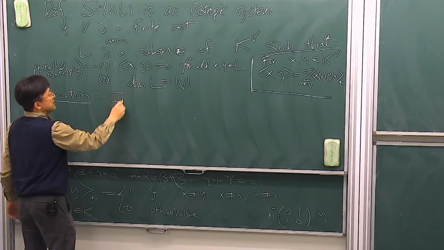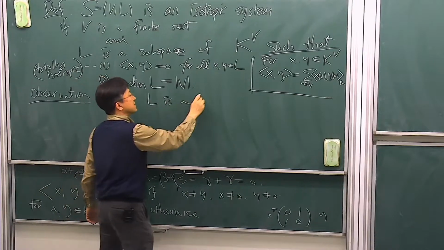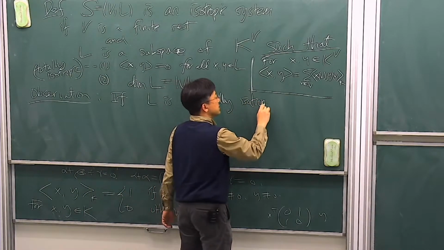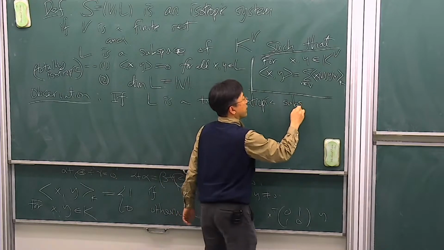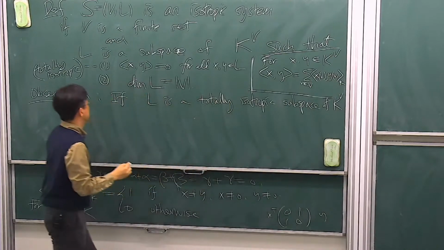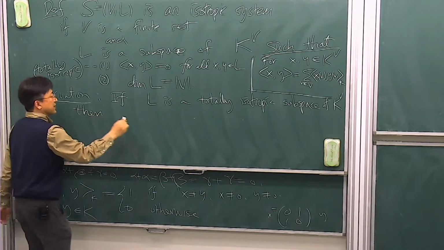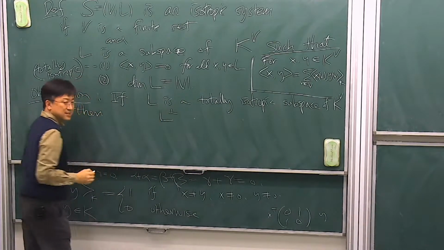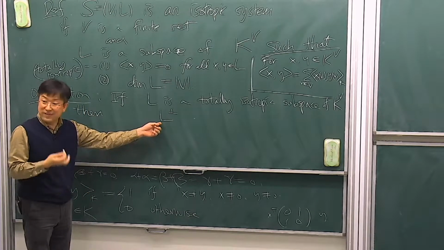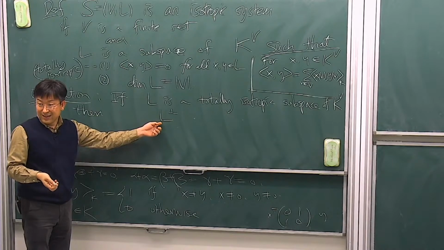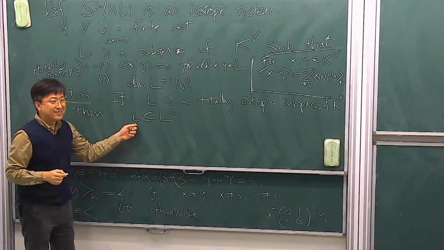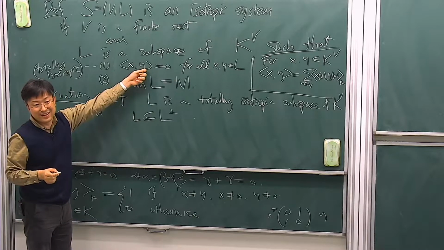Because if L is a totally isotropic subspace of K to the V, then L perp is the set of vectors which are orthogonal to all vectors in L, and it contains L, right? Because any pair is orthogonal.